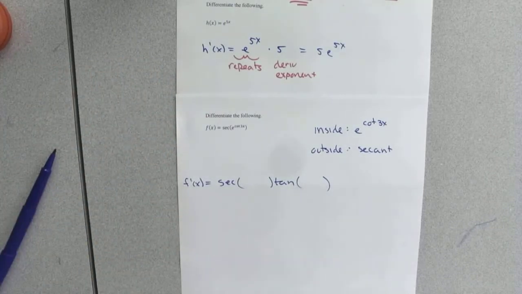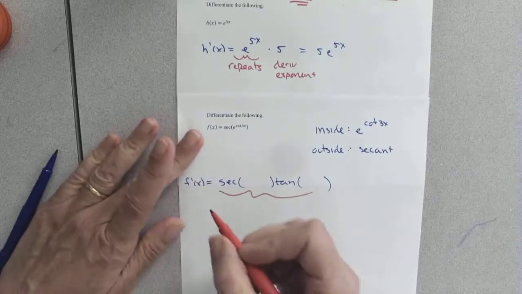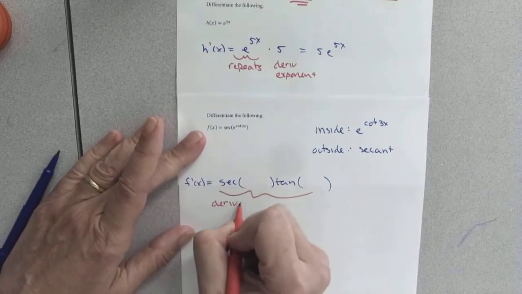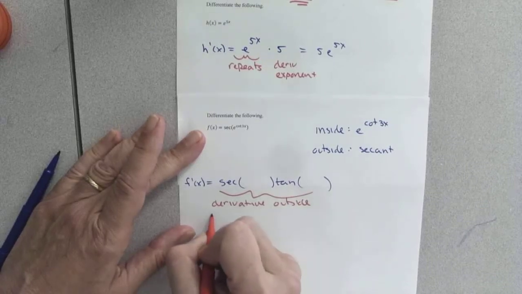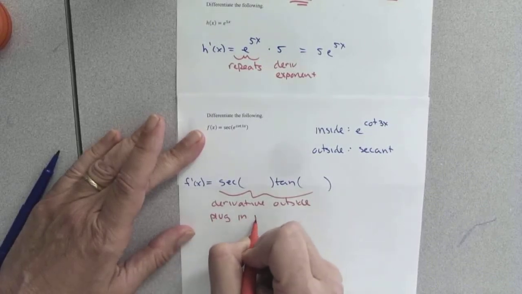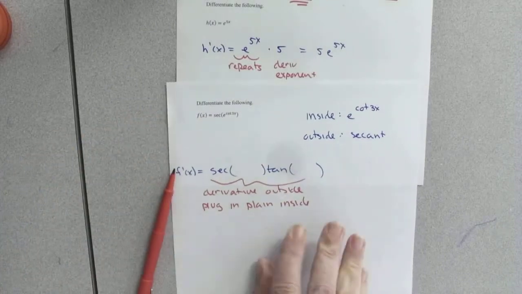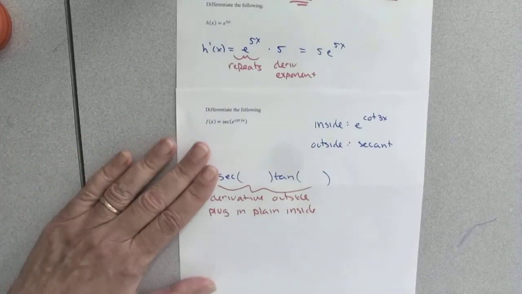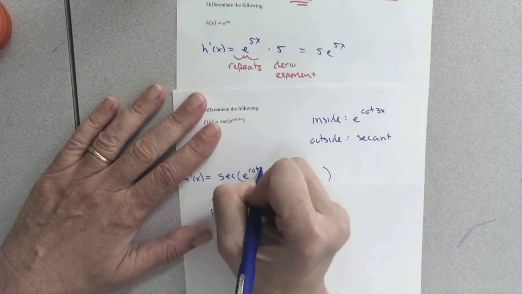Now remember what the words are as far as the chain rule goes. That this is derivative outside, plug in plain inside. Which means in each case, what I'm going to put in those parentheses is e to the cotangent 3x.